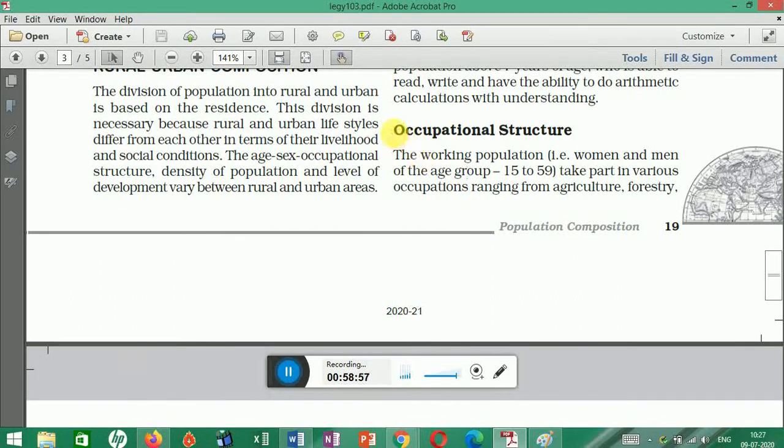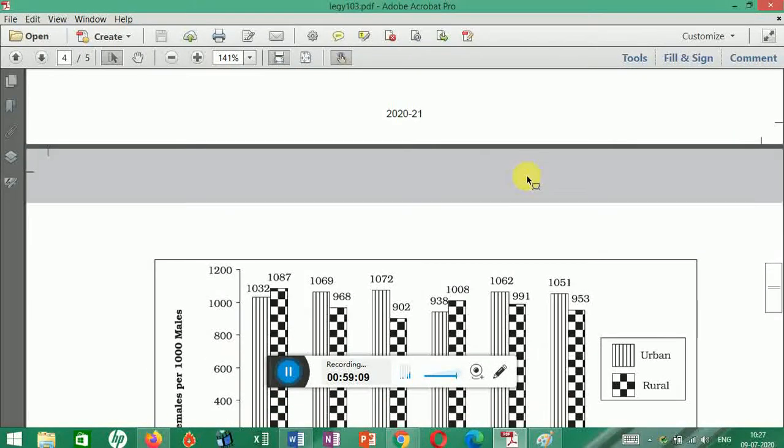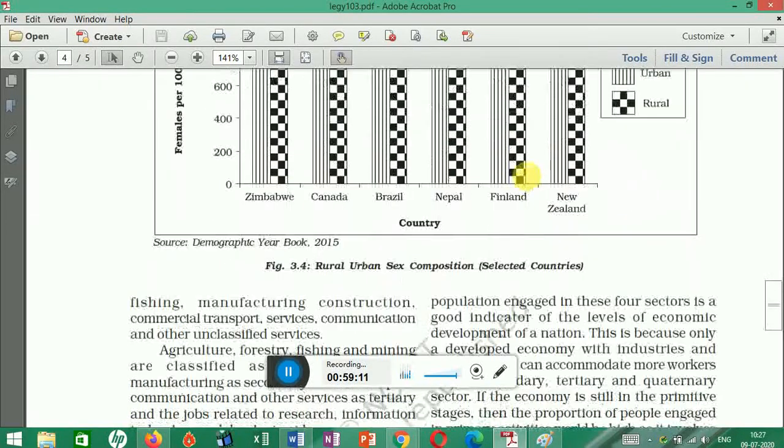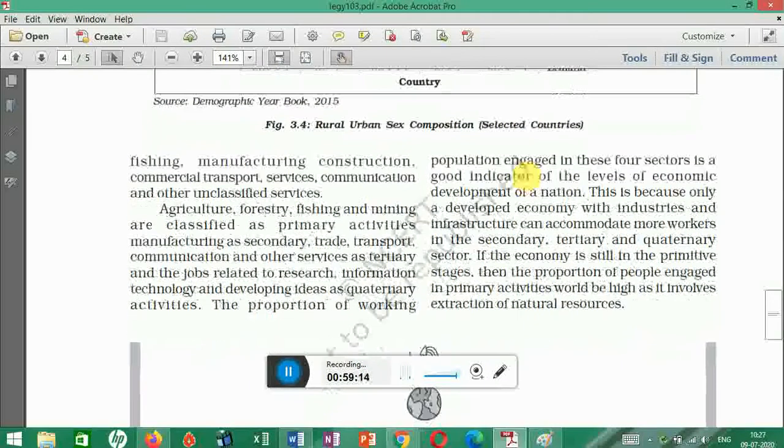And occupational structure means distribution of population in different types of occupation. For example, how many people are there in the primary sector, how many people are there in the secondary sector, that is called occupational structure. Generally we have these 3 main types: primary, secondary, tertiary.